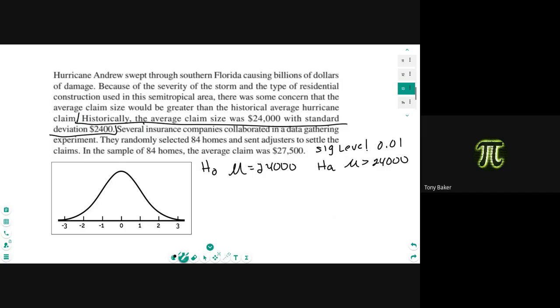All right. So, one-tailed or two-tailed? One.